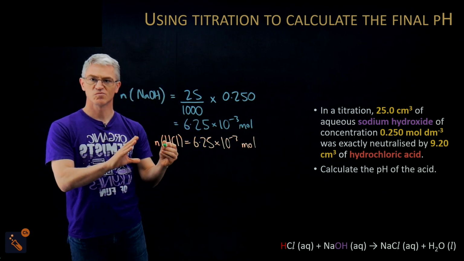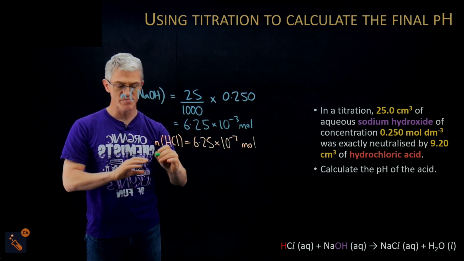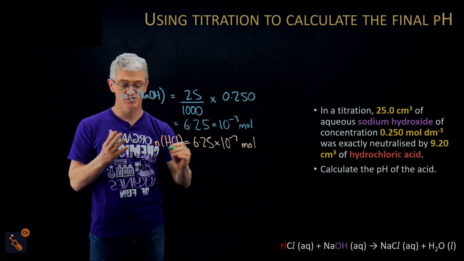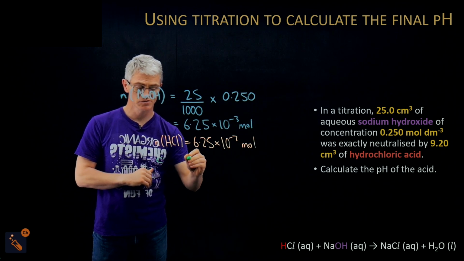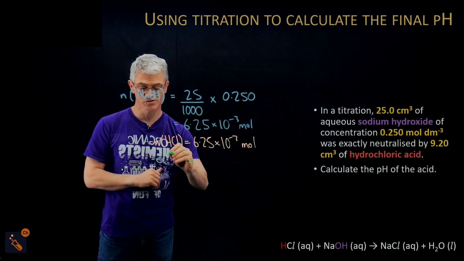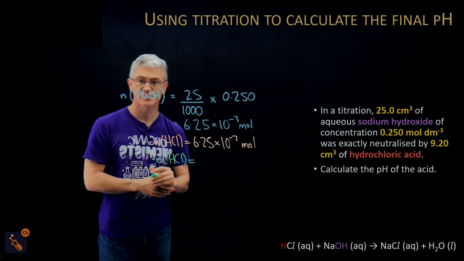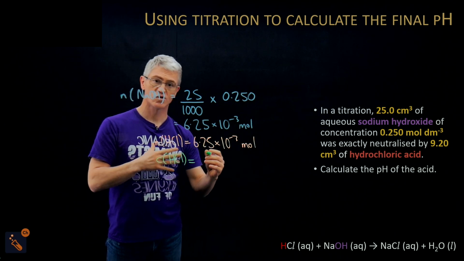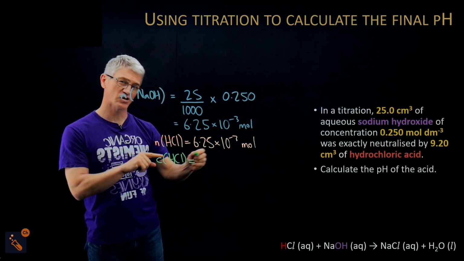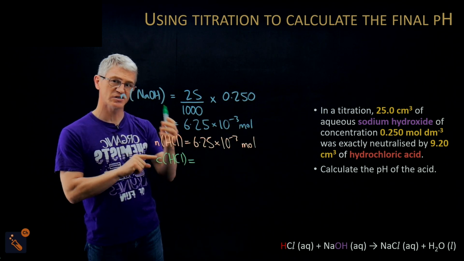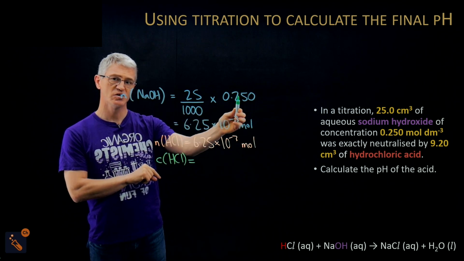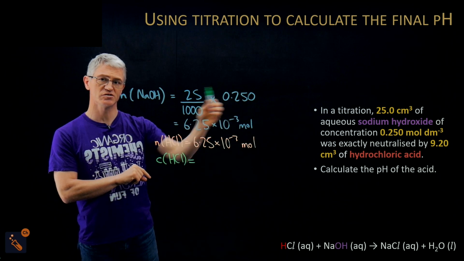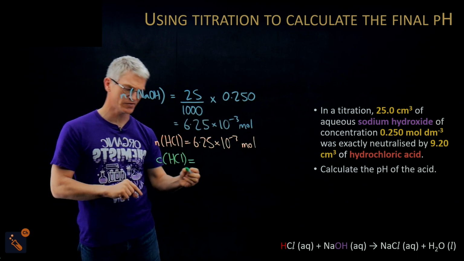So we have got the number of moles of hydrochloric acid. Remember, we want to work out the concentration of the HCl. If you swap the equation around, you've got volume and concentration. I want the concentration, so I'm going to take the moles and divide by the volume.